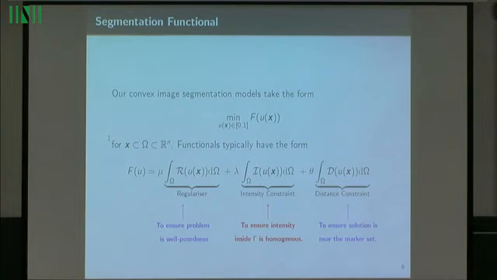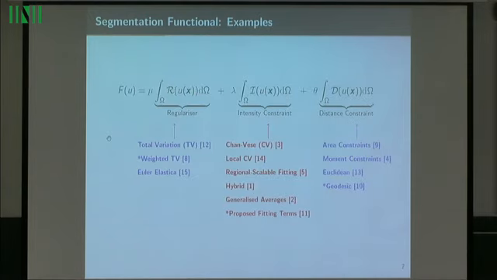So when we're looking for a lung, it just has the lung intensities. It doesn't include any other intensities. And then a distance constraint. So when the user indicates where the object roughly is with their markers, or indicates where it isn't with anti-markers, we should be able to use that information somehow. So this is the kind of general framework with the sort of pieces that everyone has used before.